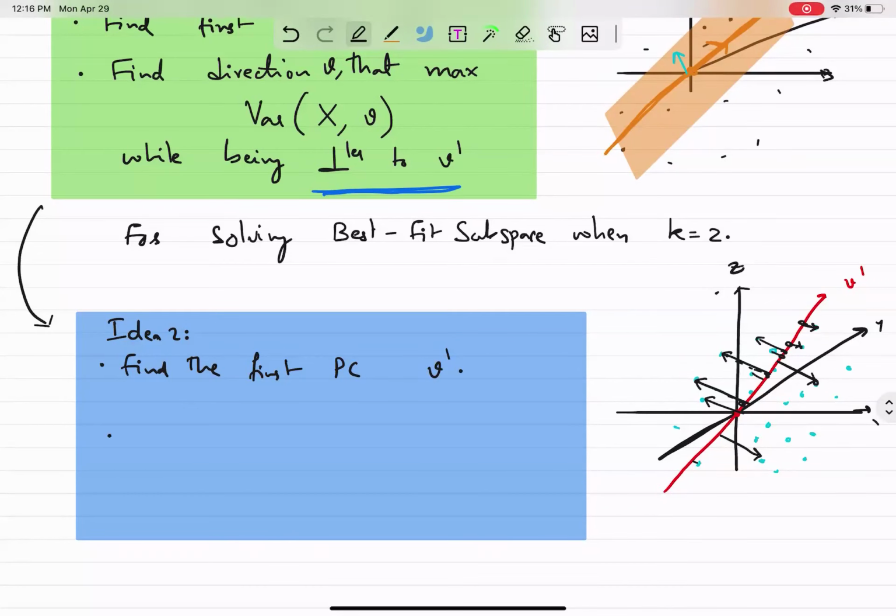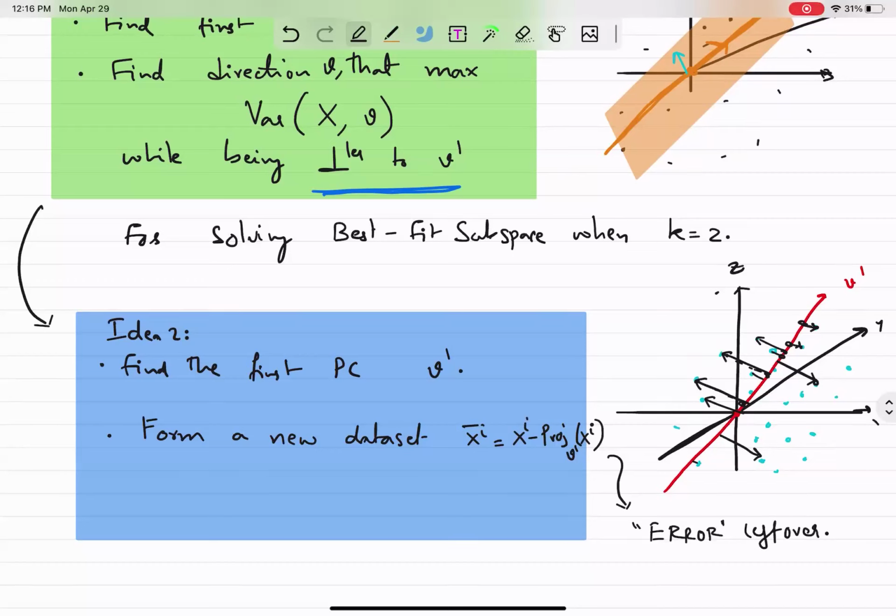And then you form a new data set, let's say xi bar, which is xi minus the projection of xi onto v1. So these are essentially the error left over.